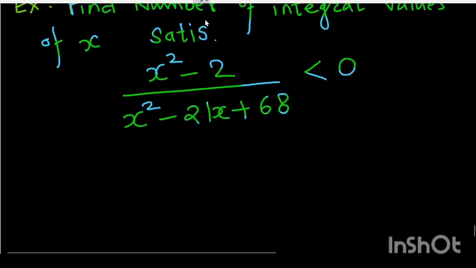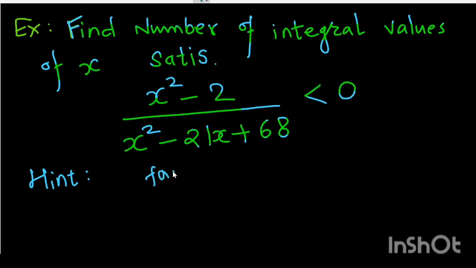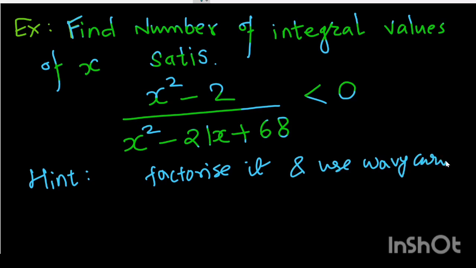So the hint is, obviously it seems like we need to solve this, right? So you factorize the quadratic and use the wavy curve method, and that way you can do it.